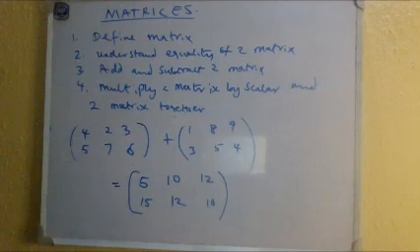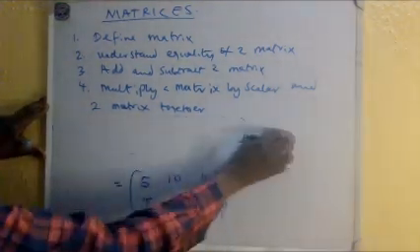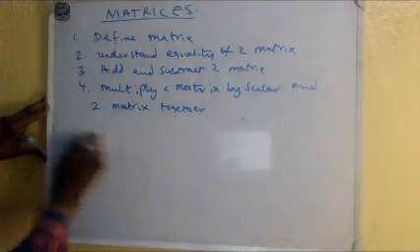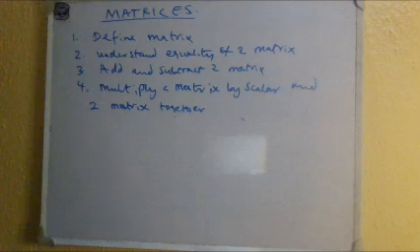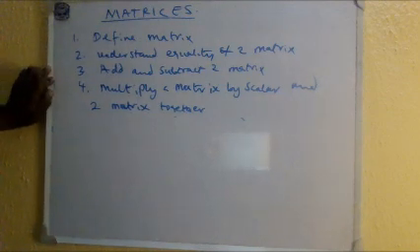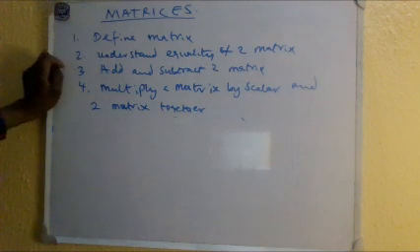The same thing applies for subtraction. If, for instance, you want to subtract two matrices, the first thing, no matter how complex it is, they must have the same order. A 2 by 2 adding a 2 by 2, or a 3 by 3 adding a 3 by 3. The order must be the same.